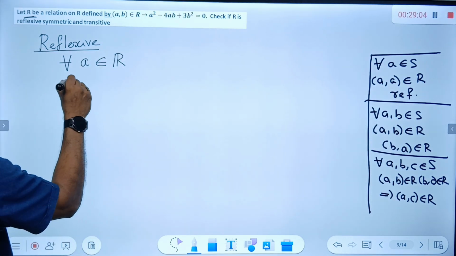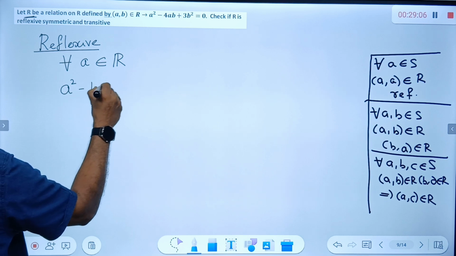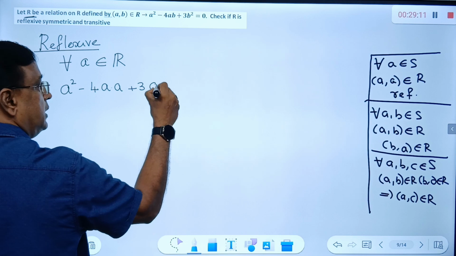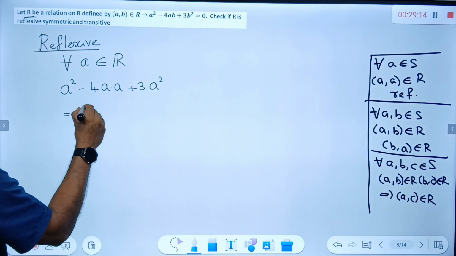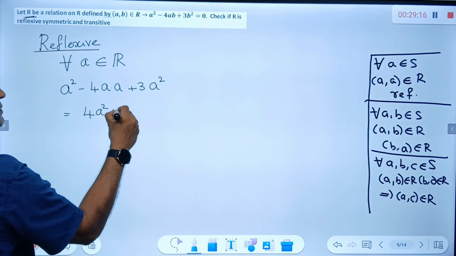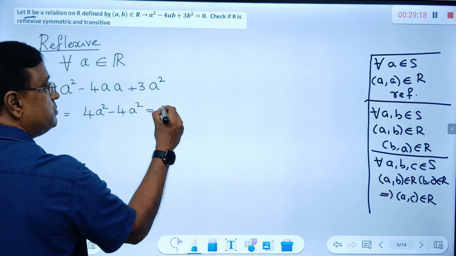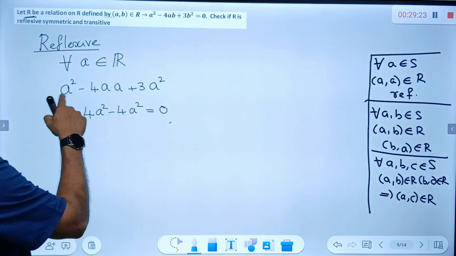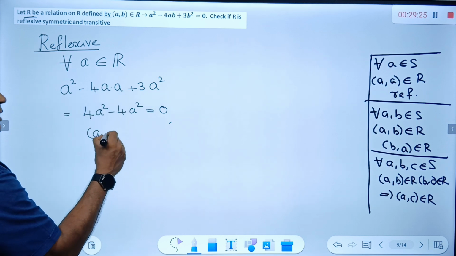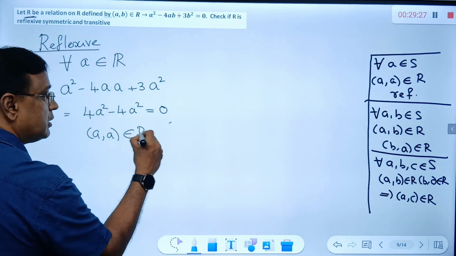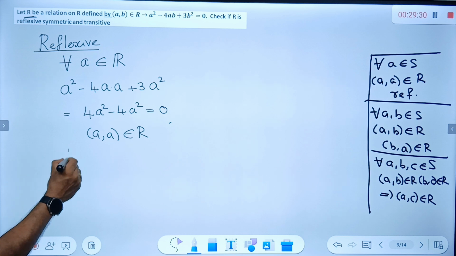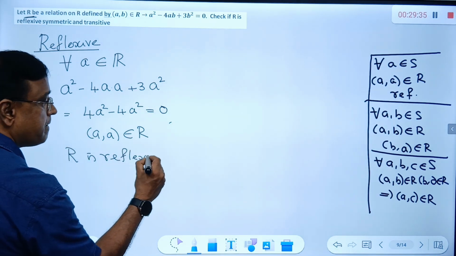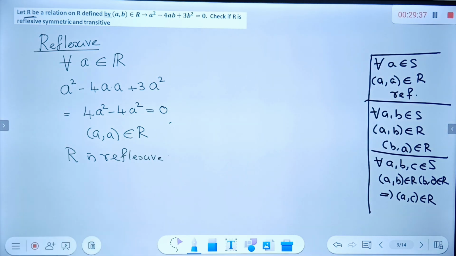I get a² − 4a·a + 3a², which is 4a² − 4a², which happens to be 0. So it satisfies this condition, and (a, a) belongs to R. If every element is related to itself, then R is reflexive.